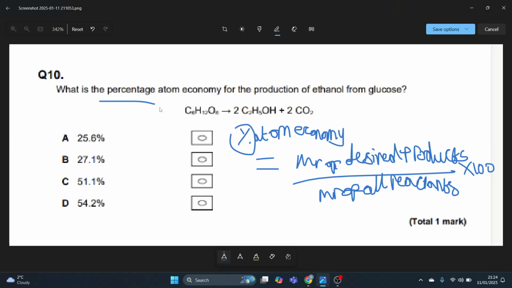Okay, so the Mr, what is the question saying? Production of ethanol, so that's the desired product, from the reactant glucose, this is C6H12O6. So the Mr of the desired products.